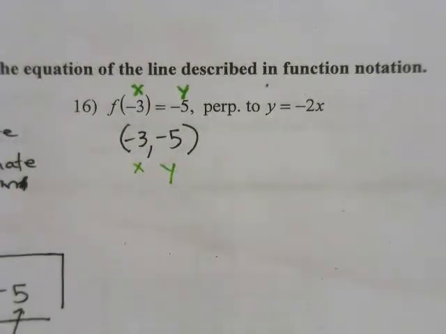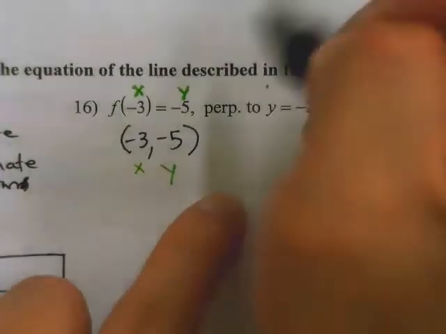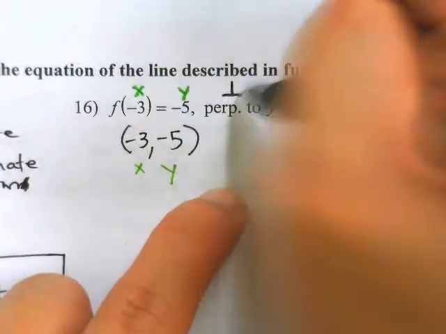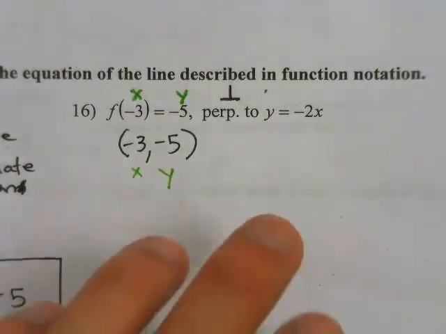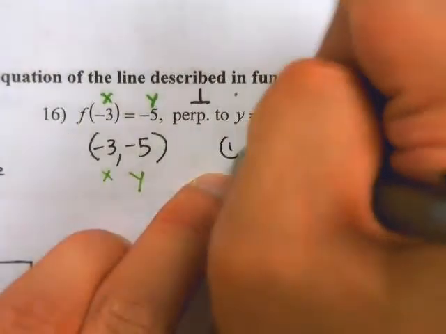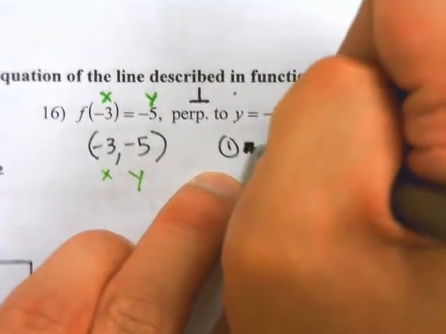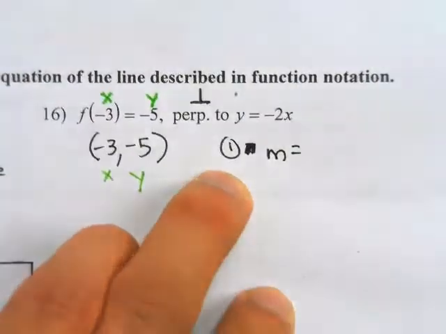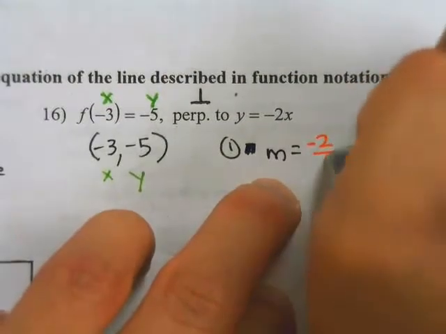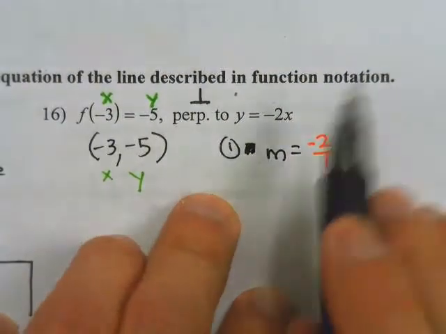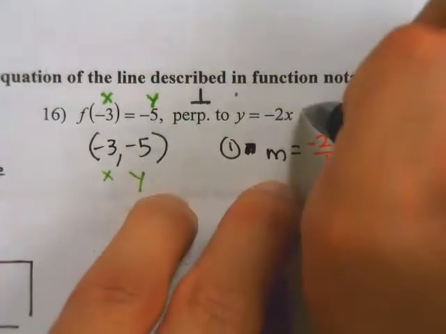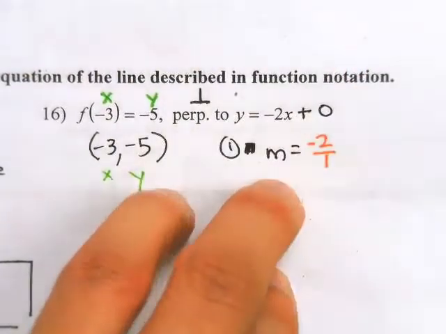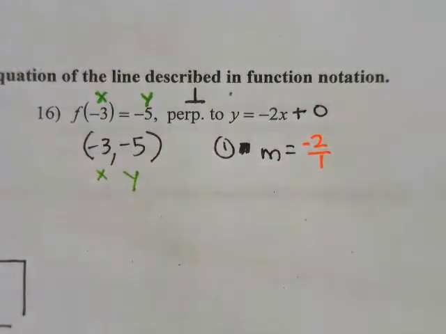Students, what is PERP? Perpendicular, which we have done today. So now, the slope that we have, m is equal to -2/1. Sometimes this linear equation is not complete. So if you want to add a y-intercept, the y-intercept is plus 0 if they don't have a y-intercept.